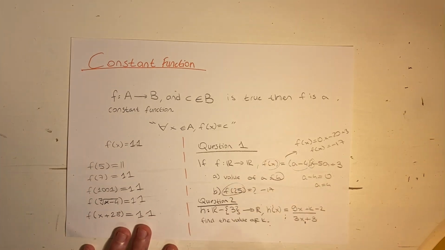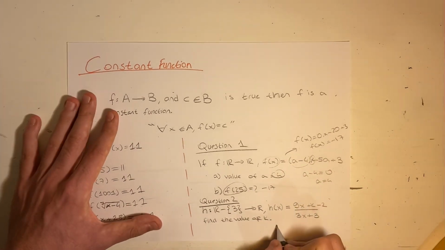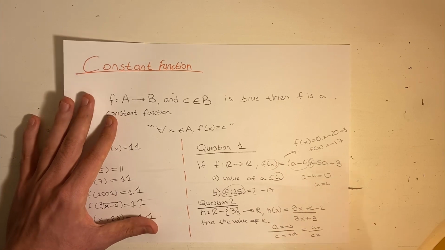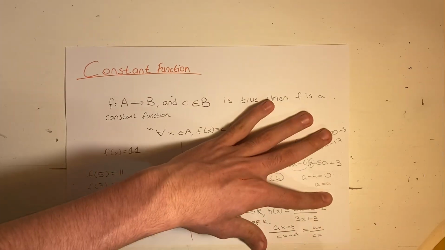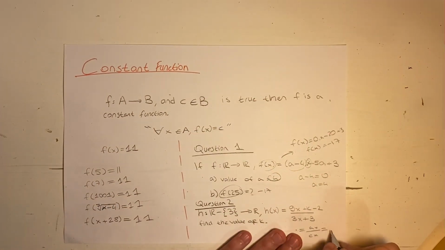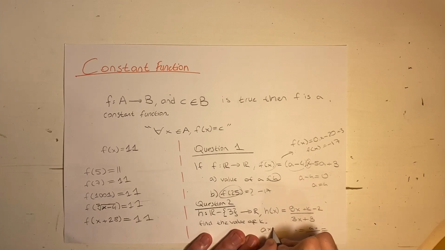What about here? So for such values, we need to do something like this. So ax plus b over cx plus d. Ax is equal to cx. I'm so sorry, ax plus b, cx plus d.